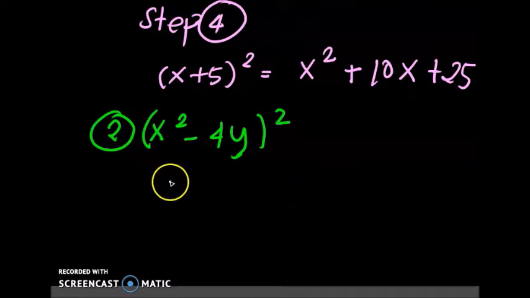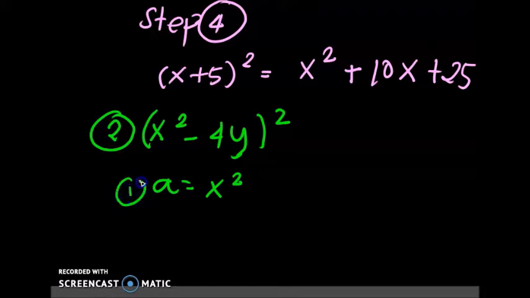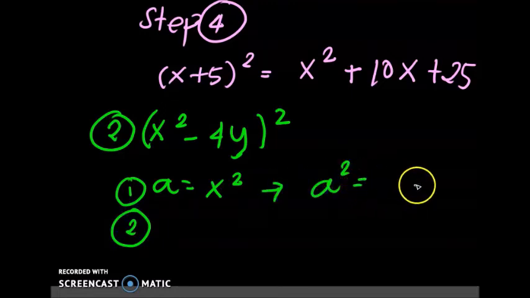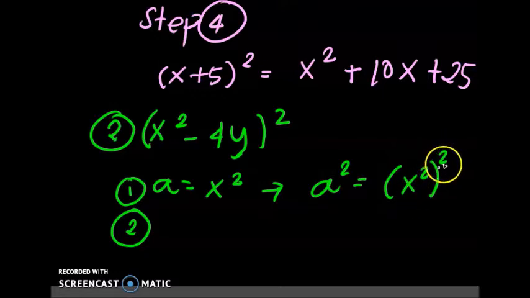So in this example, our a here is x squared already. This is step 1. Step 2, if we square the a, we've got 2 times 2, 4. So the answer for this is x to the power of 4.